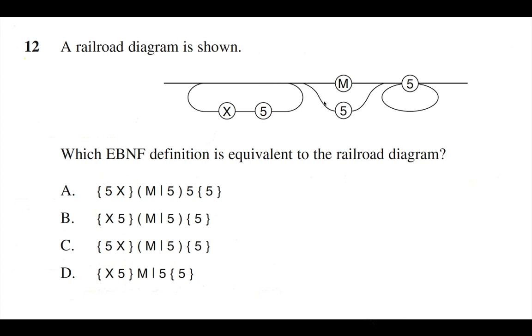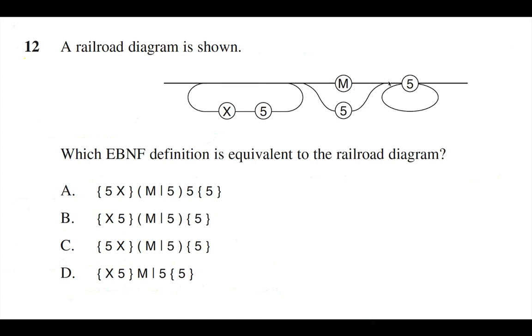This is my optional. I can go down for 5 or I can go through for M. Because A and C both started with 5, they both give me the same thing, M or 5, which is what this is saying here.